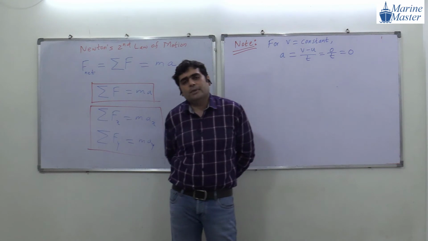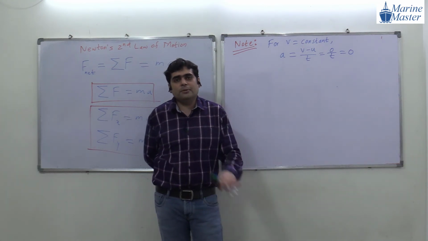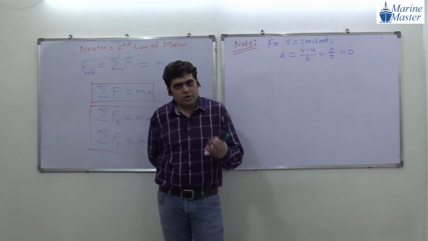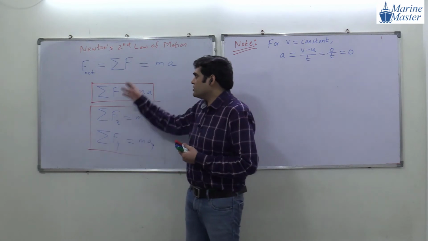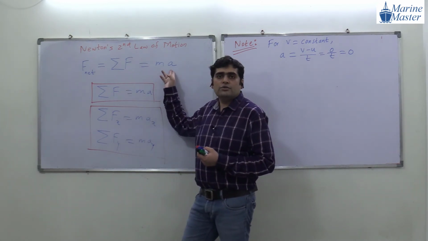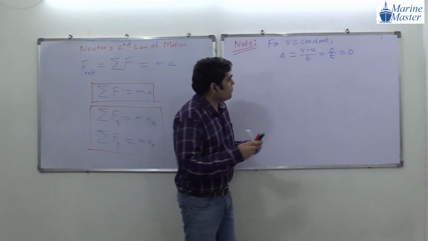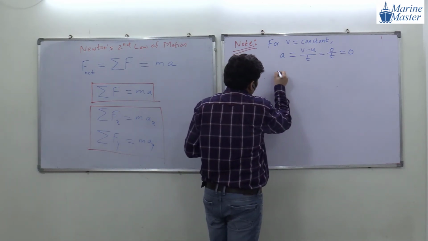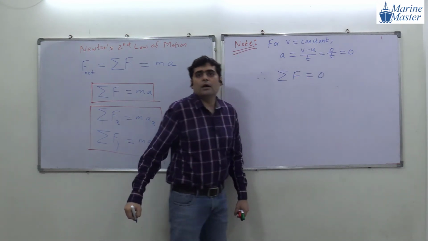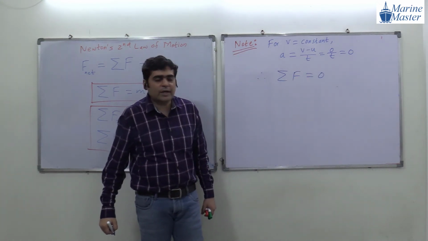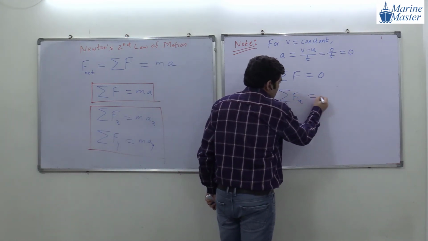In the case of equilibrium, what is the situation? For equilibrium, velocity is constant, and if the velocity is constant, acceleration is 0. So the summation of forces will be equal to 0.